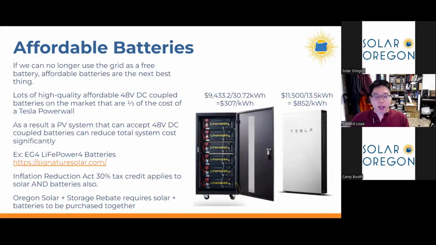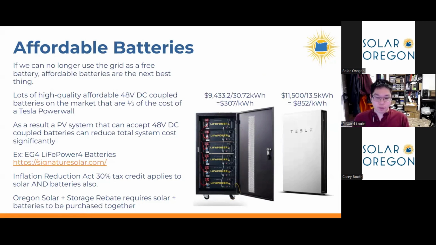And now there are lots of really affordable batteries that are not off-label to the point that they're not UL certified, and therefore you can't use them in an actual solar system that is permitted and safe for your home. A lot of these low-cost batteries coming on the market do go through all the UL certifications so that you can install them in your home.